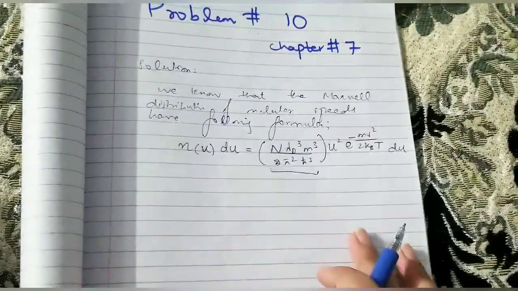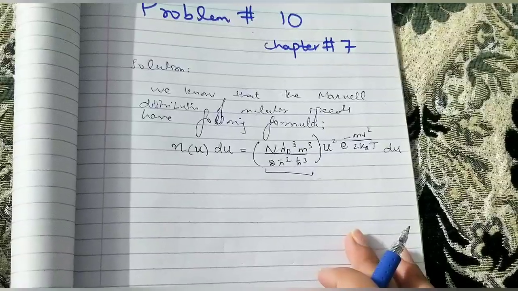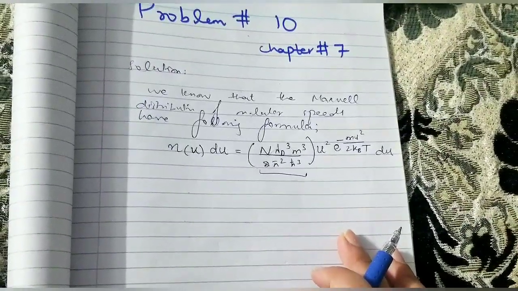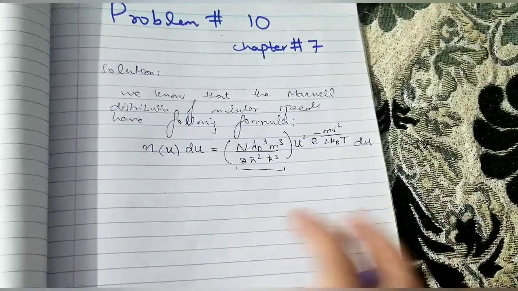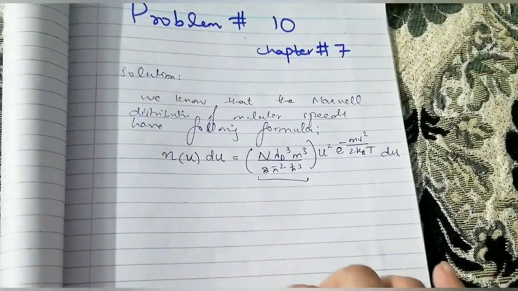This is the general formula for the number density, and it shows the distribution of molecular speeds, that is, how many gas molecules are available in the du interval.